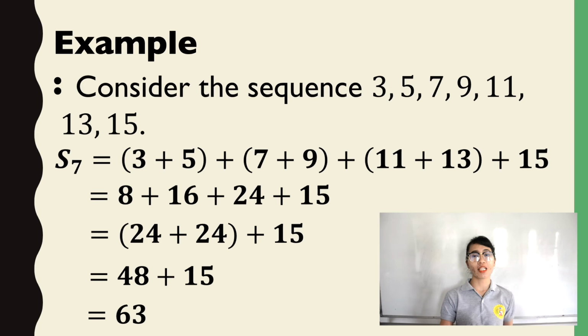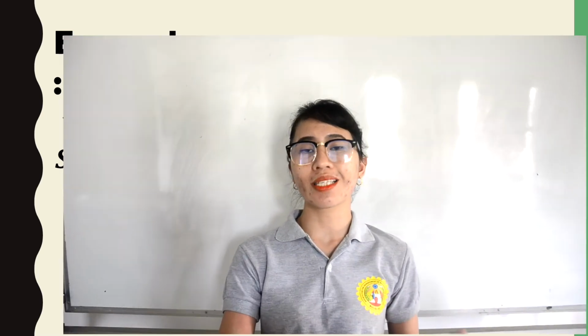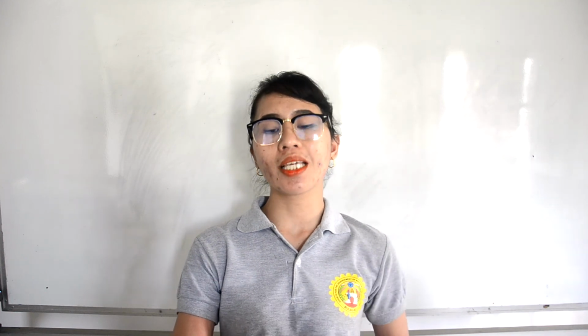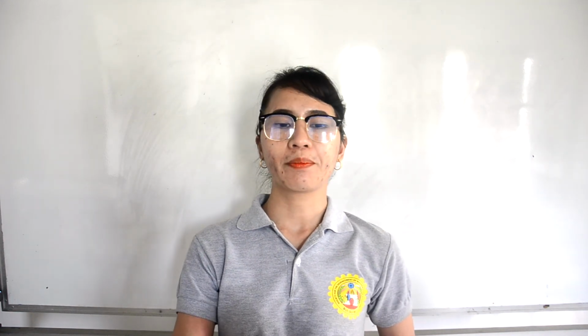Then again, using the associative property of addition, we have the quantity of 24 plus 24 plus 15. So we have 48 plus 15, and 48 plus 15 is equal to 63. So therefore, the sum of the 7 terms of the arithmetic series is 63.